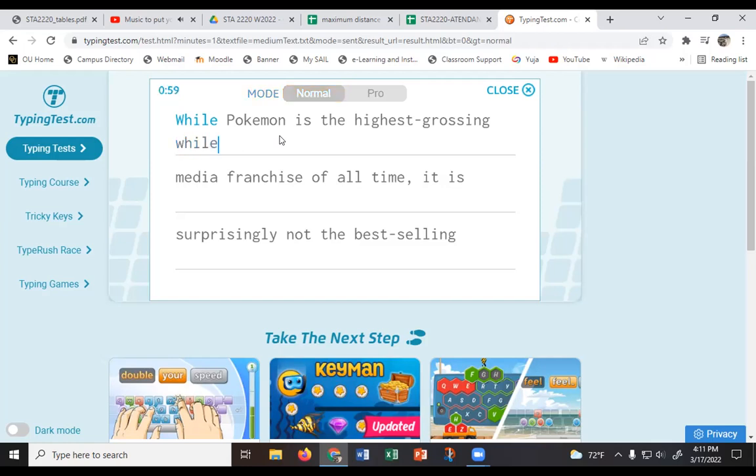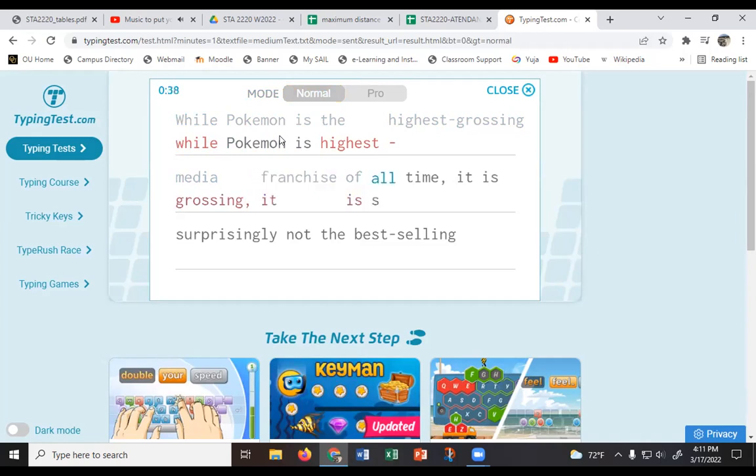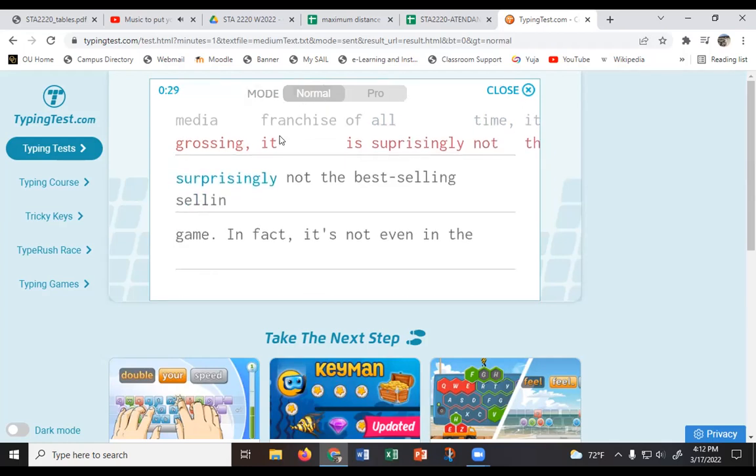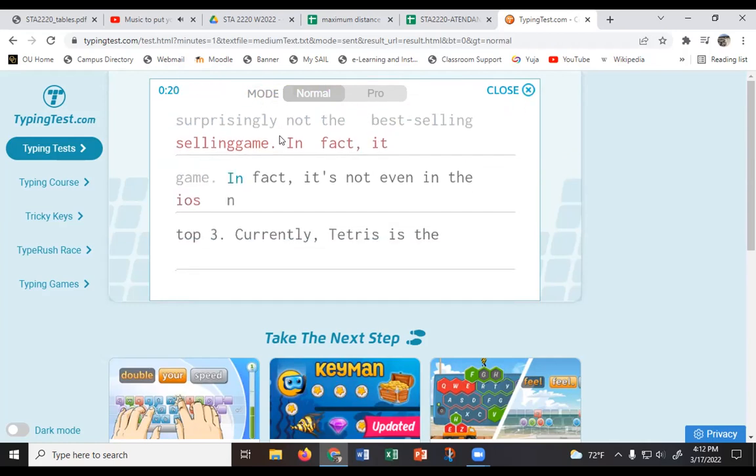I type slow. It's a little bit bad. Oh my God.